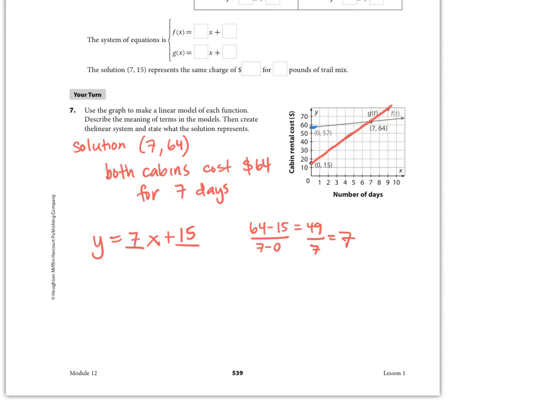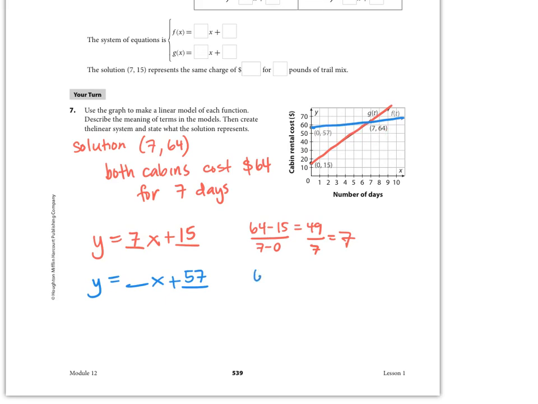Let's do the other line. Let's do different colors so that we don't confuse them. Y is going to equal something x plus something. It starts at 57 for our y-intercept. It's going to go up from 57 to 64.